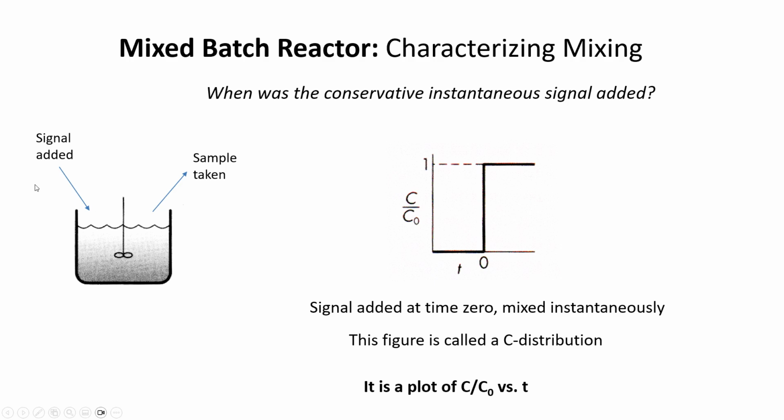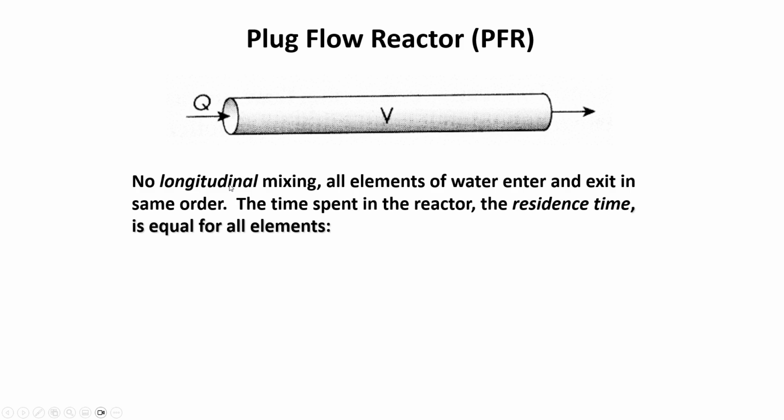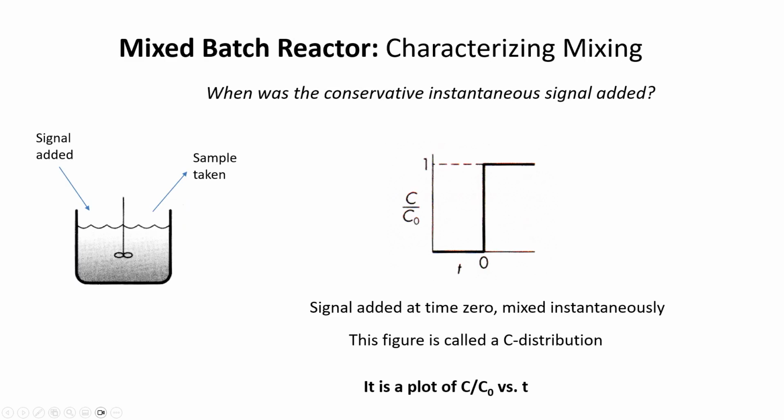You'd put it in at time 0, and then start taking the sample out starting at time 0 and thereafter to see how the concentration is changing over time. So that's a mixed batch reactor. This is an ideal C curve showing perfect mixing.